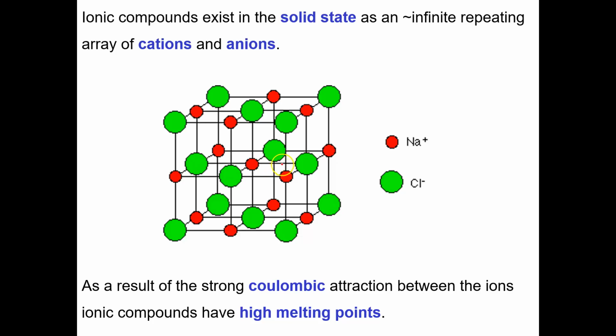So if we look at one of the repeating units of this sodium chloride crystal here, you can see that it's made up of squares where we have chloride ions on opposite corners and sodium ions on the other opposite corners. And what this means is that the ions that have opposite charges lie along the alternate corners of the cube.